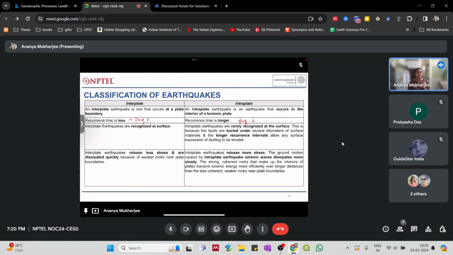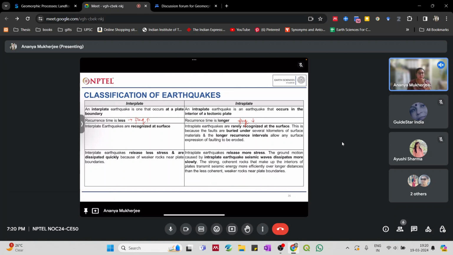But in the case of intraplate earthquakes, it is not easily recognized at the surface, because mostly the region where the activity is happening, or the faults which are responsible for these earthquakes, can be buried under several layers of surface material.